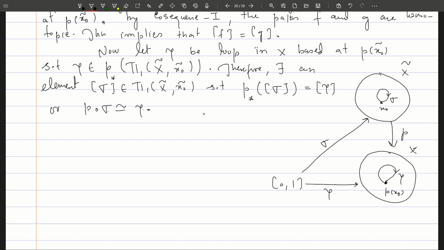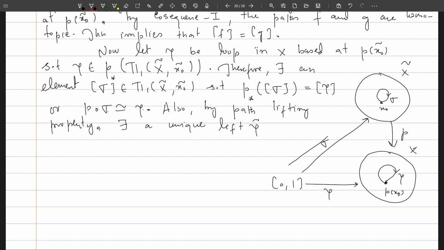So by the path lifting property, there exists a unique lift, say gamma tilde. Let us call this gamma tilde.